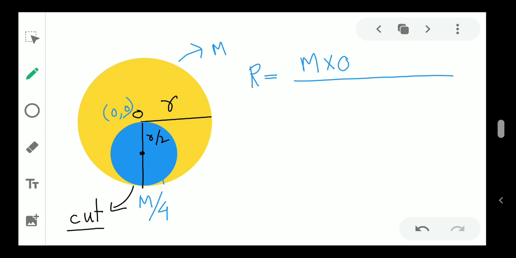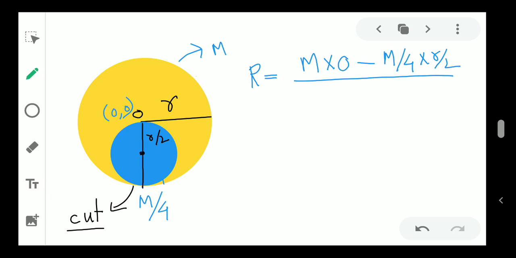But now this portion is cut, so the contribution of this blue portion I have to take out. So this will be m by 4 into, now see what is the distance from the center of mass, this is r by 2. So the distance here is r by 2.